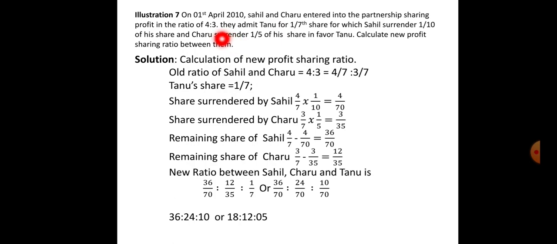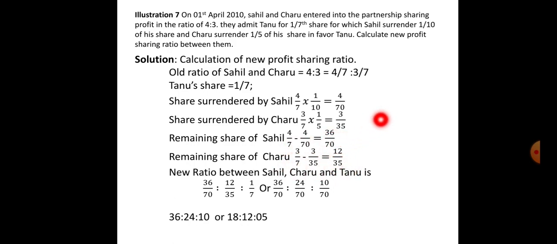And 1/5 of his share, Charu's share is 3/7, 1/5 of his share is equal to 3/35. ये दोनों क्या निकल के आए हैं, the share that is being surrendered by Sahil and Charu, this is the share surrendered in favour of Tanu. अगर साहिल अपने शेयर में से 4/70 दे देता है तो उसके पास क्या बचेगा, this. If Charu surrendered 3/35 from his share, then he would have the remaining share as this.